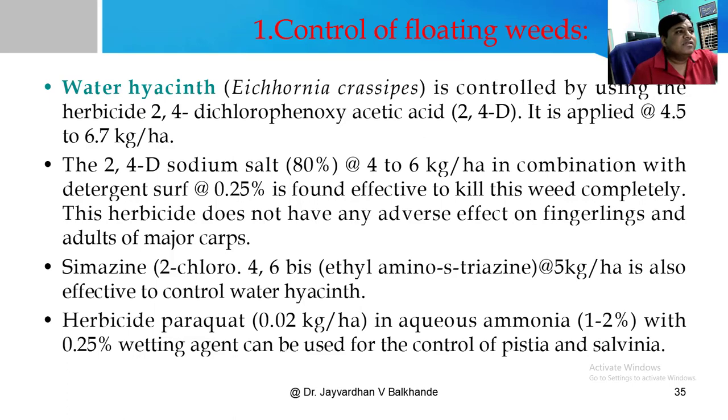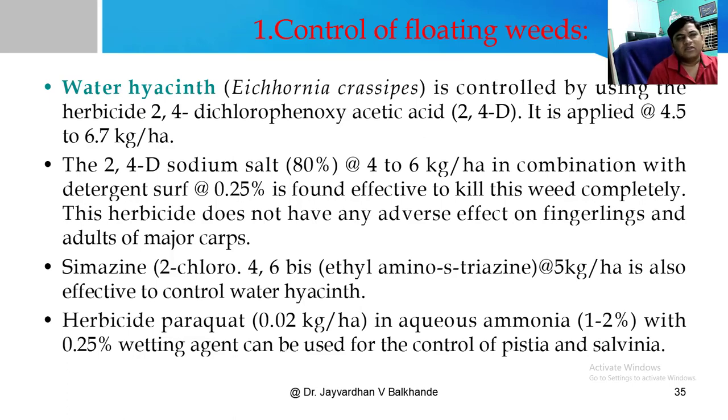Okay, and the 2,4-D sodium salt 80% at the rate of 4 to 6 kg per hectare in combination with the detergent surf at the rate of 0.25% is found effective to kill this weed completely, the water hyacinth. And this herbicide does not have any adverse effect on fingerlings as well as on the adults of the major carps. So we can easily use this 2,4-D chemical for clearing the water hyacinth.